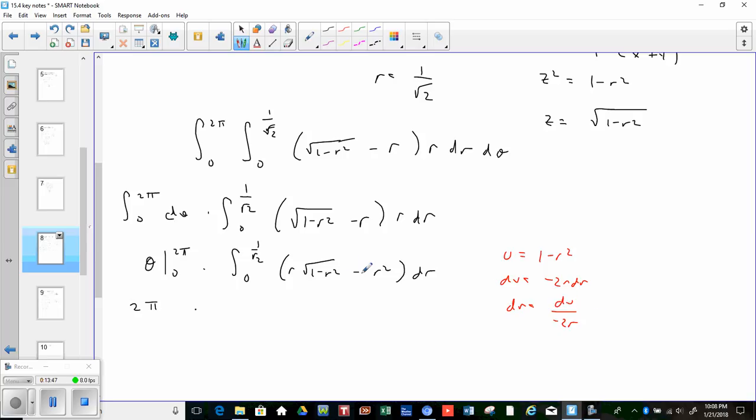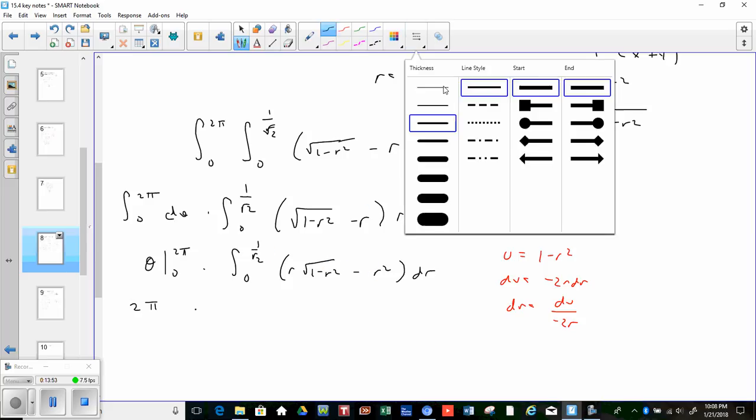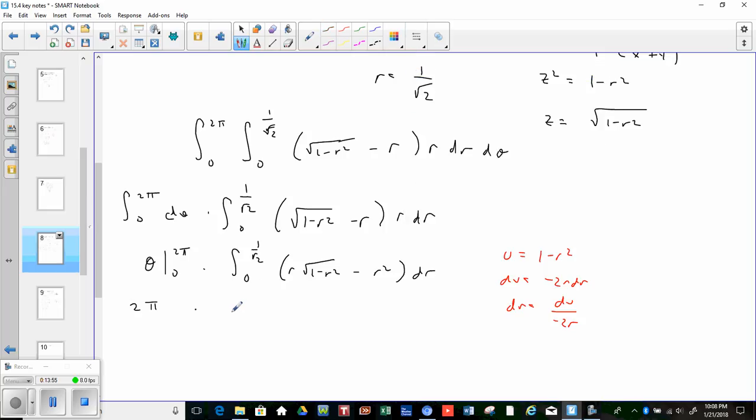Now we are going to have to go back to 1 over root 2 here because I don't want to change both of these. That is going to give us an integral of r square root of u, times du over negative 2r, and then minus this integral right here, which we'll do in a minute.